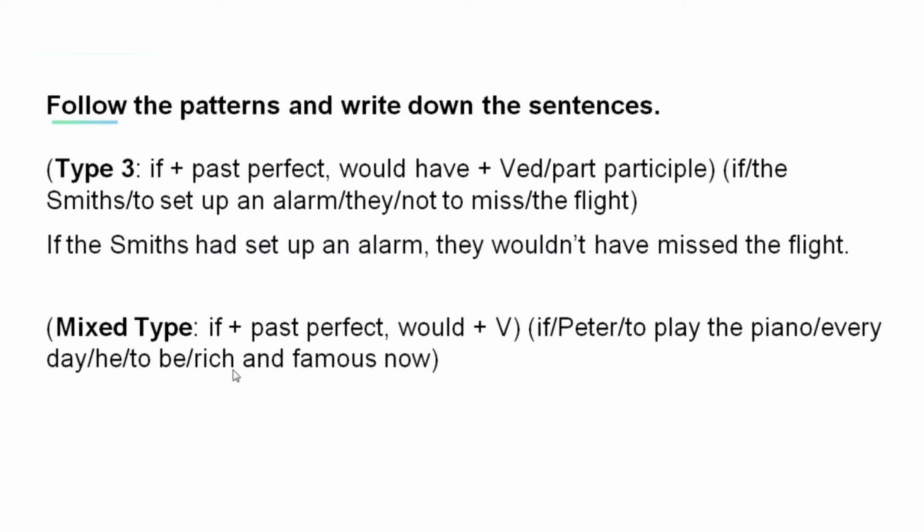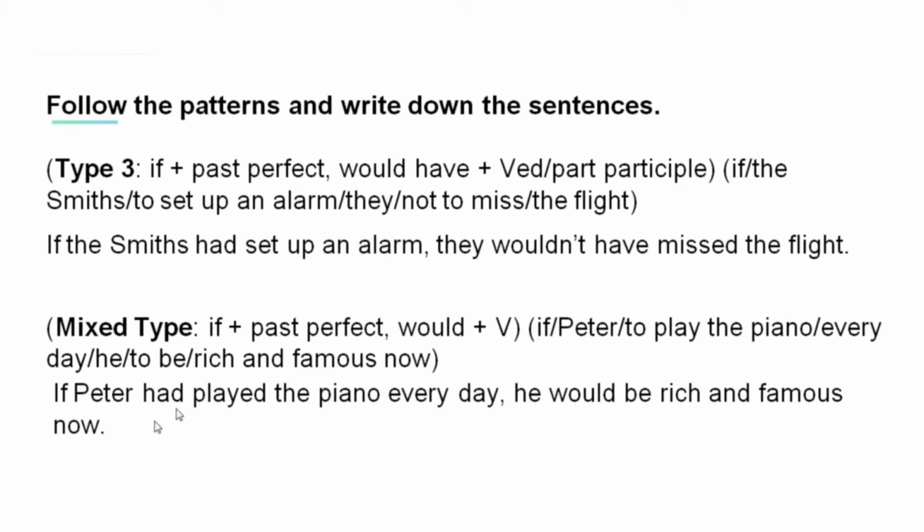Mixed type. If plus past perfect, would plus verb. If Peter to play the piano every day, he to be rich and famous now. If Peter had played the piano every day, he would be rich and famous now.